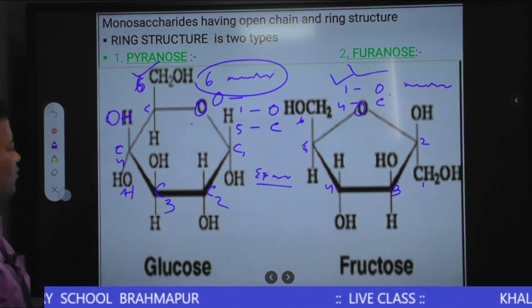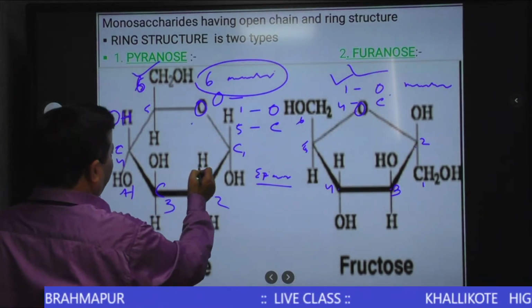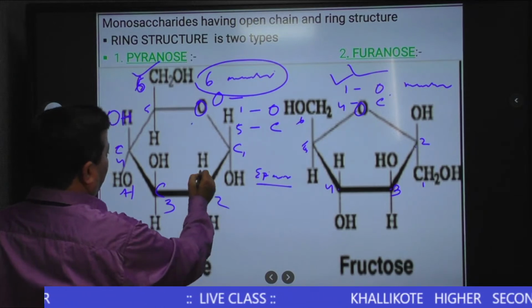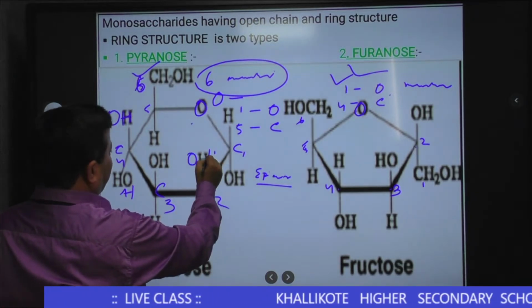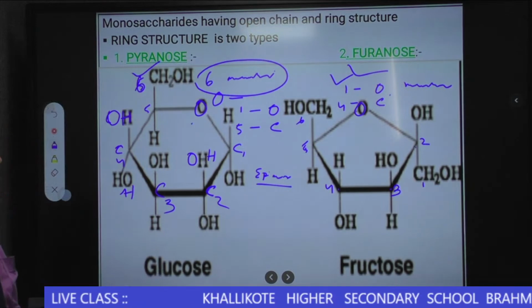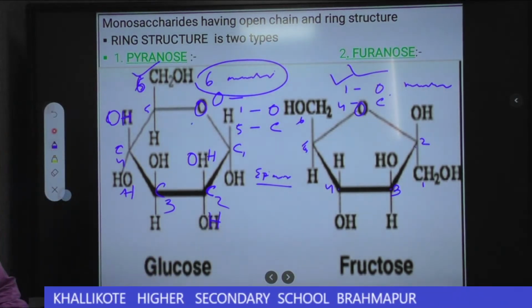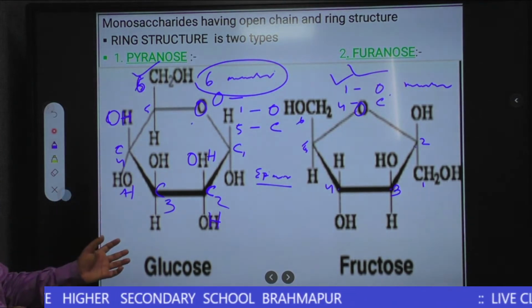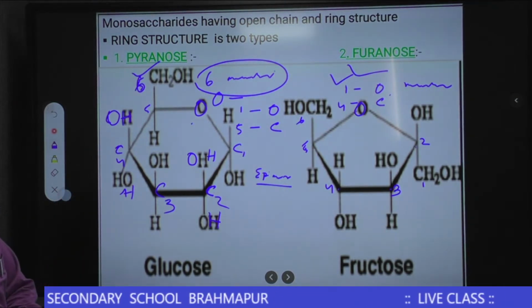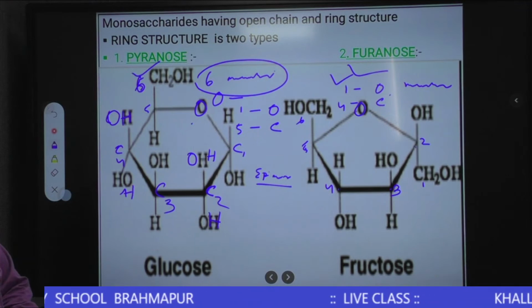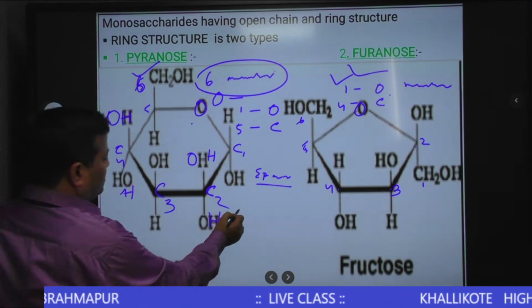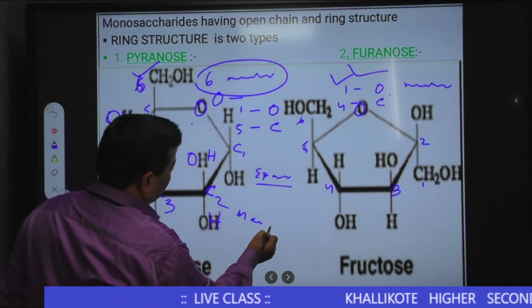Similarly, in mannose at the second carbon atom, when OH is located on the above position and hydrogen is located at the below position, with all other structures similar to glucose, that is the epimer mannose. This structure is called the mannose structure.